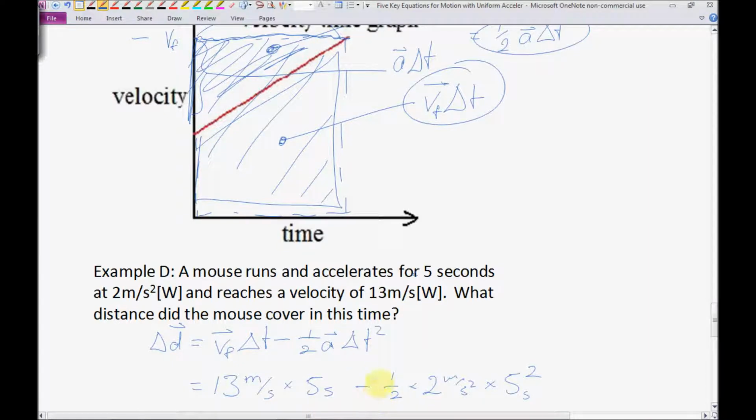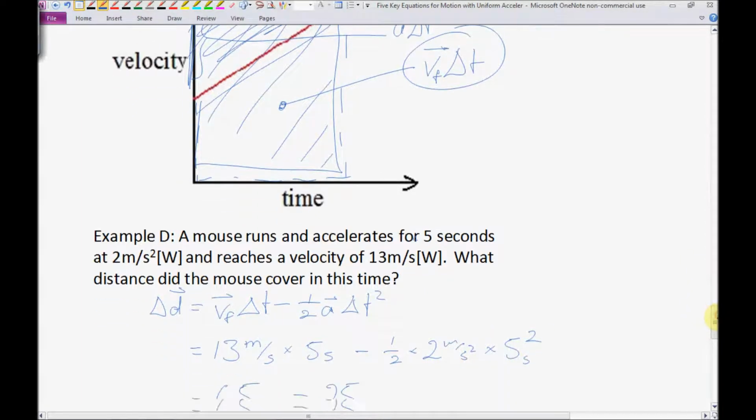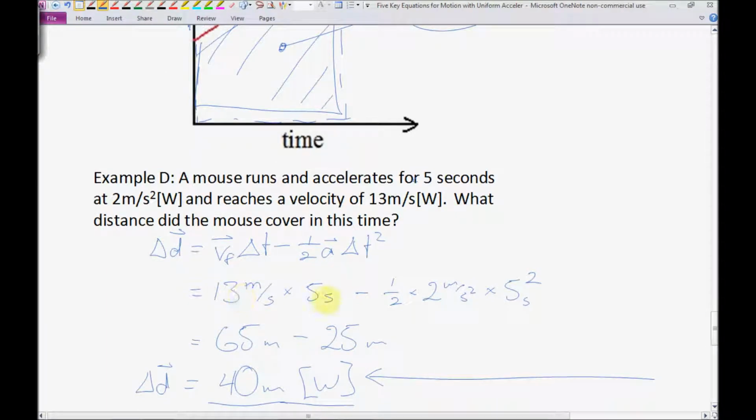And so we subtract half times the acceleration, 2 meters per second squared, times delta T, 5 seconds squared. 13 times 5 gives us 65. Half of 2 is 1. 1 times 5 squared is 25. And so the displacement of the mouse, the change in position of the mouse, is a total of 40 meters west.